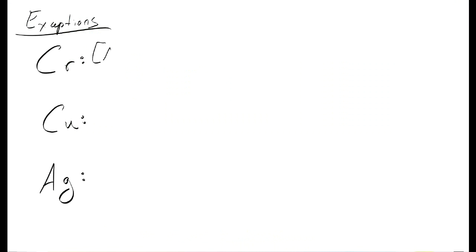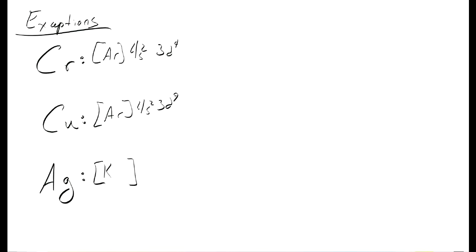Expect argon, 4s2, 3d4. Copper similarly is argon, 4s2, 3d9. And silver, it's not on the same row, is krypton, 5s2, 4d9.